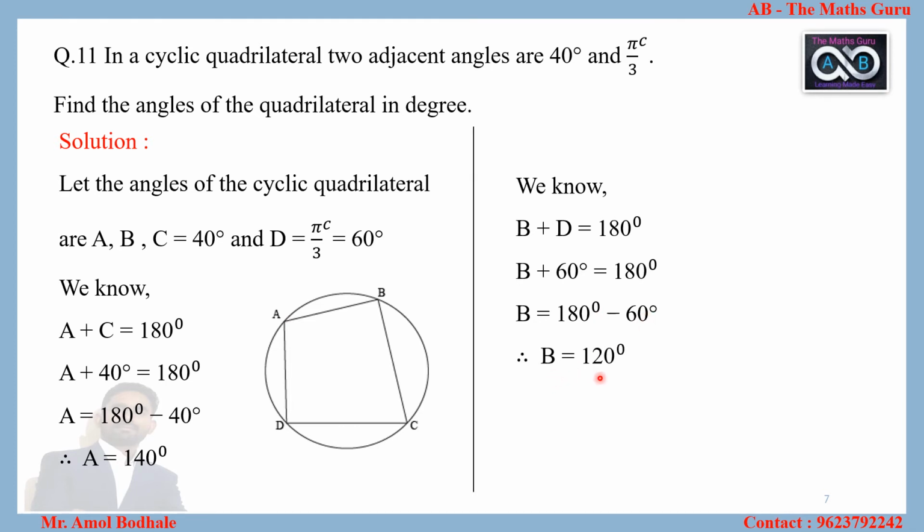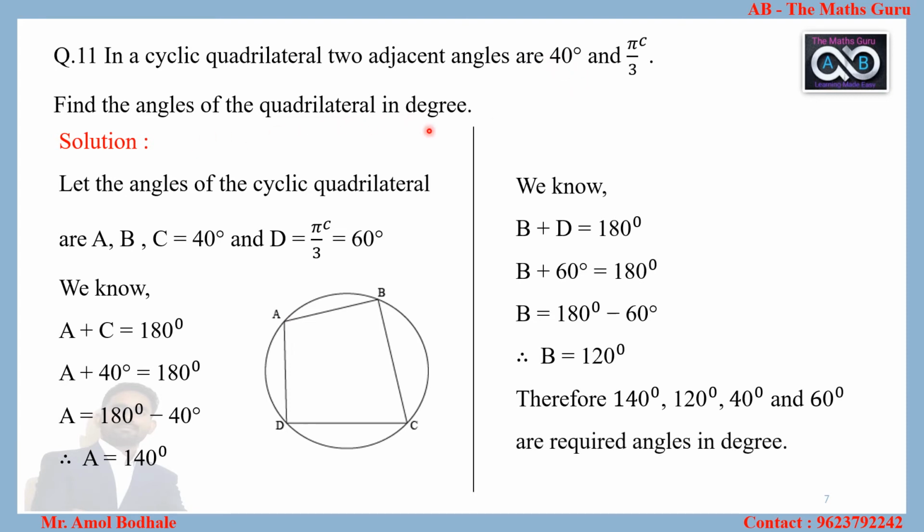So B equal to 120 degree. Hence the angles of the cyclic quadrilateral are A 140 degree, B 120 degree, C 40 degree and D 60 degree. In this way, if two adjacent angles of a cyclic quadrilateral are given, then we can calculate all the angles. So these are the required angles in degree.